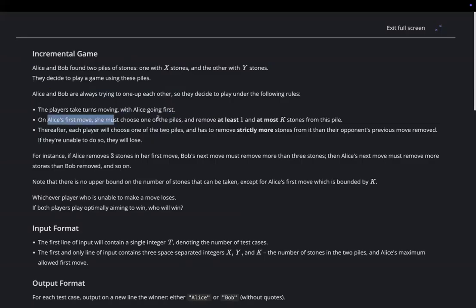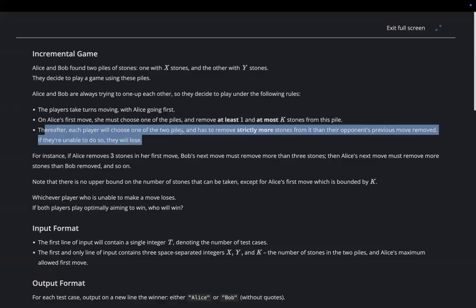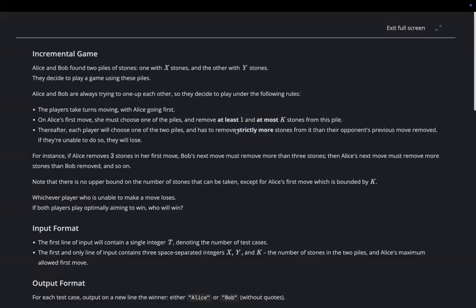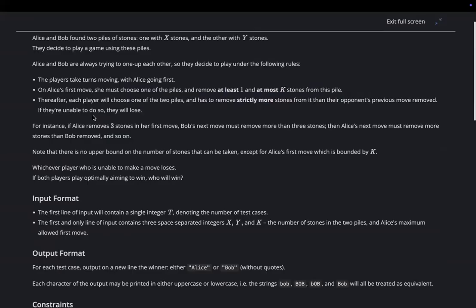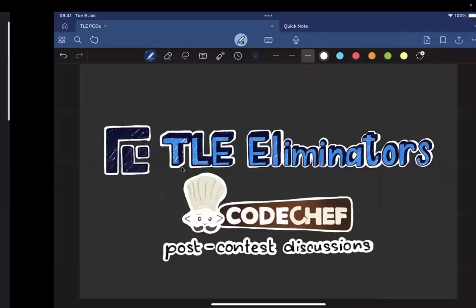On Alice's first turn, she can choose one of the piles and remove at least one and at most K stones from the pile. After that, each player will choose one of the 2 piles and has to remove strictly more stones from it than their opponent's previous move removed. And in case they are not able to do this, they will lose.